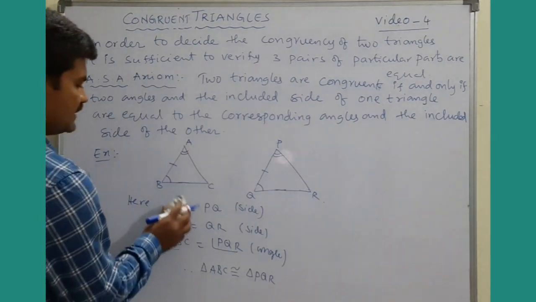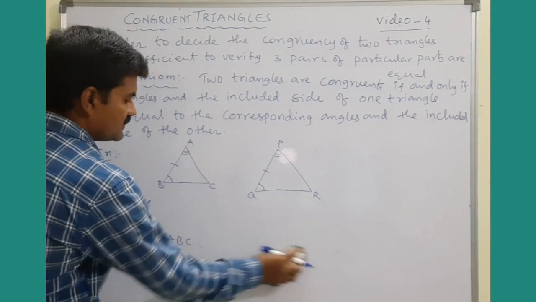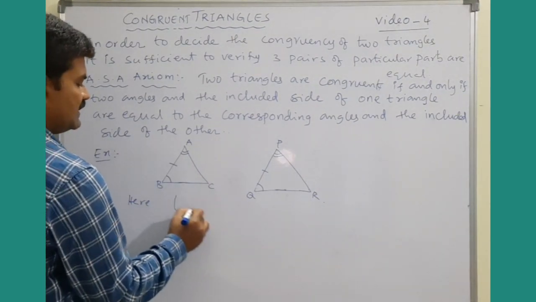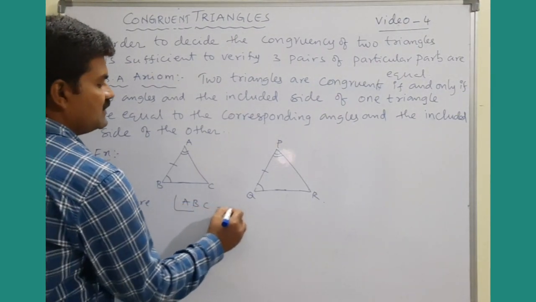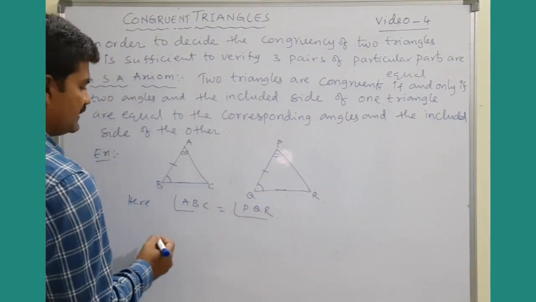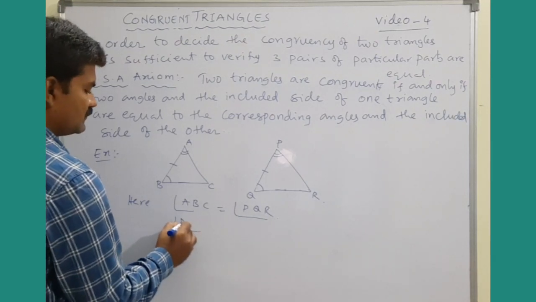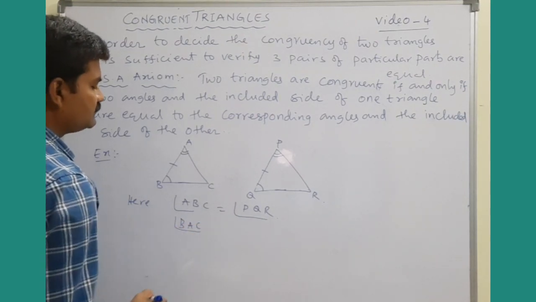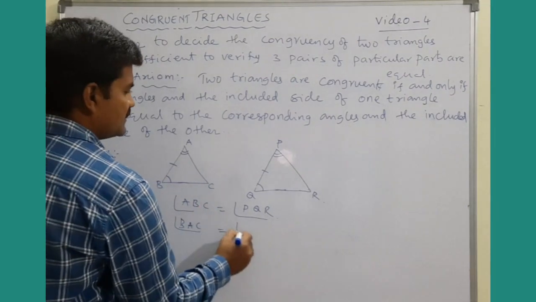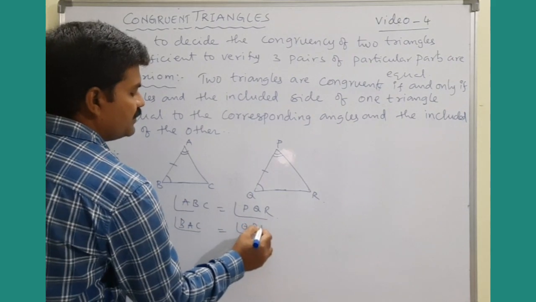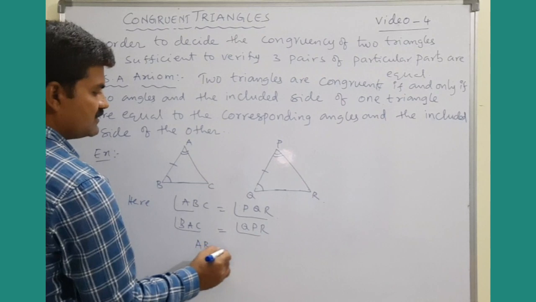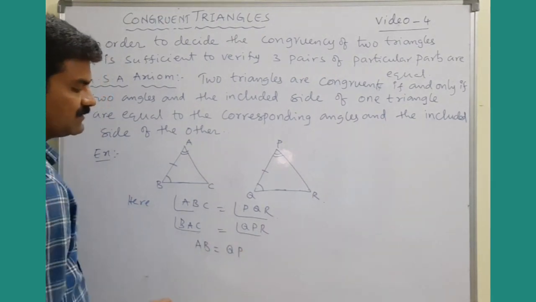Suppose these are the two triangles: angle ABC equals angle PQR, angle BAC equals angle QPR, and the included side AB equals QP.